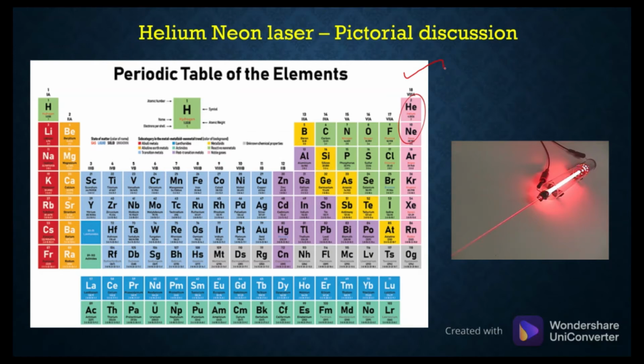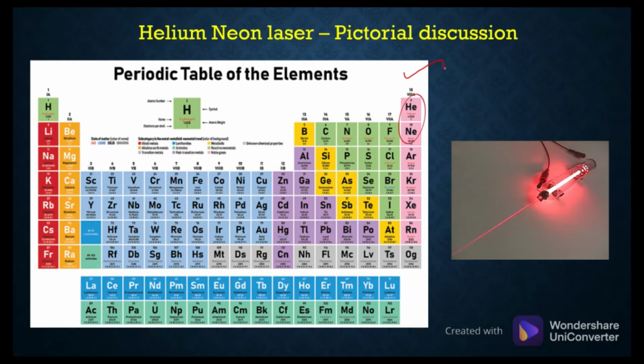This gas laser is made of the inert gases, which are helium and neon. We have to choose them in proper concentrations or compositions so that the tube filled with these gases can be made to generate laser light. So here we are going to employ the inert gases. That is the understanding from seeing the periodic table of elements.